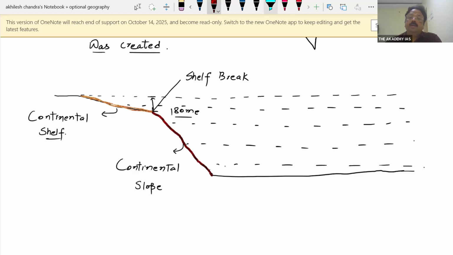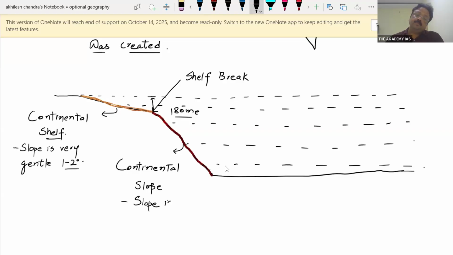Here, the slope is very gentle, of the order of 1 to 2 degree. This is the gradient. While in the continental slope, the slope is steeper, more than 5 degree.